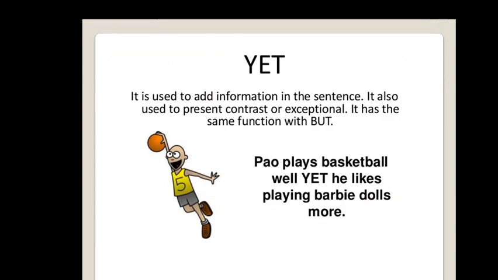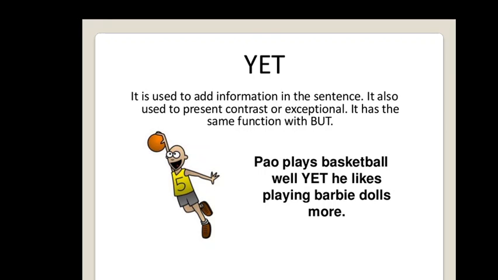And now the last conjunction but not the least is yet. It is used to add information in the sentence. It is also used to present contrast or exception. It has the same function as but.